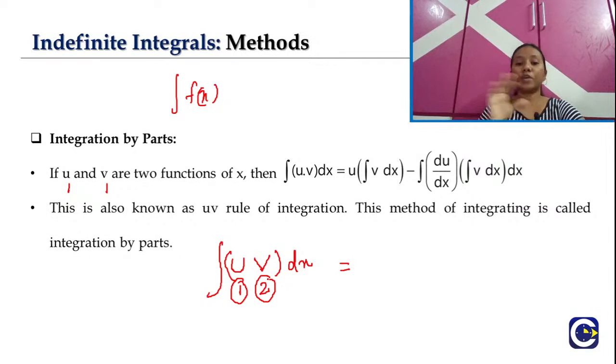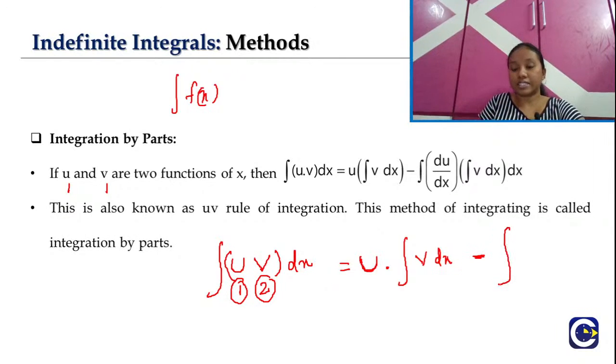Then my UV rule of integration is: first function into integration of second function, minus the integration of the differentiation of the first function, that is the differentiation of function u, into the integration of the second function, right?